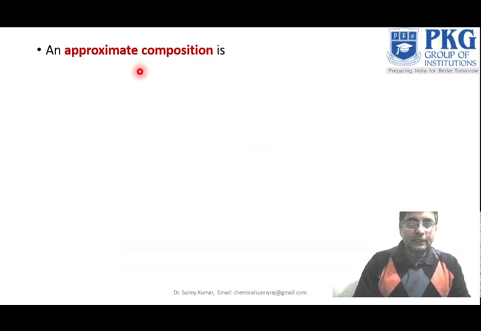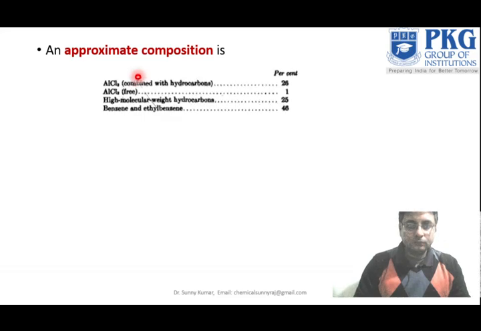An approximate composition is: aluminum chloride combined with hydrocarbons 26%, free aluminum chloride 1%, high molecular weight hydrocarbons 25%, and benzene and ethylbenzene 46%. This is the composition of the different components.